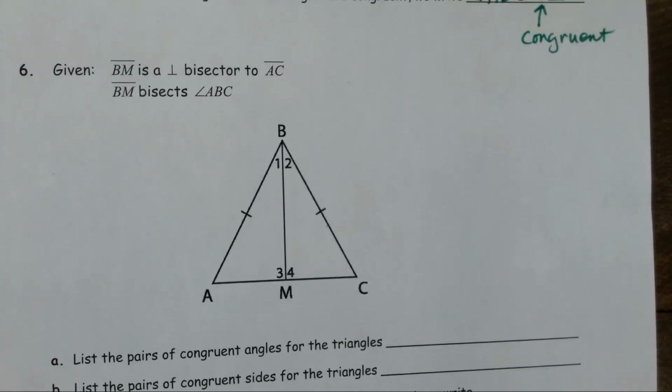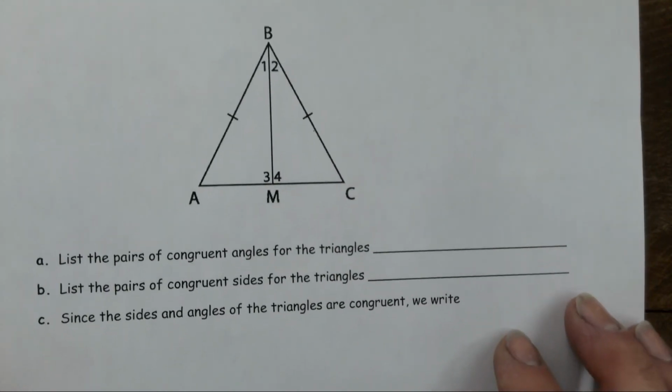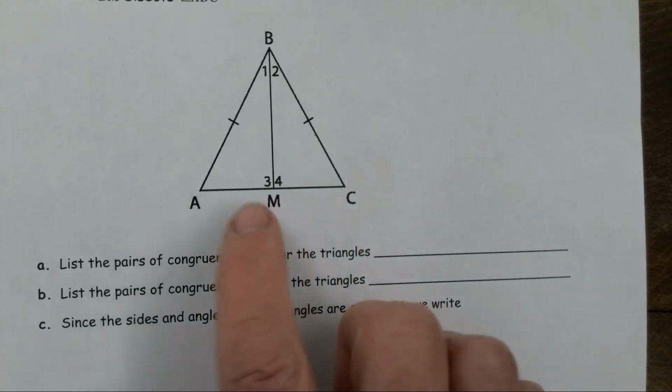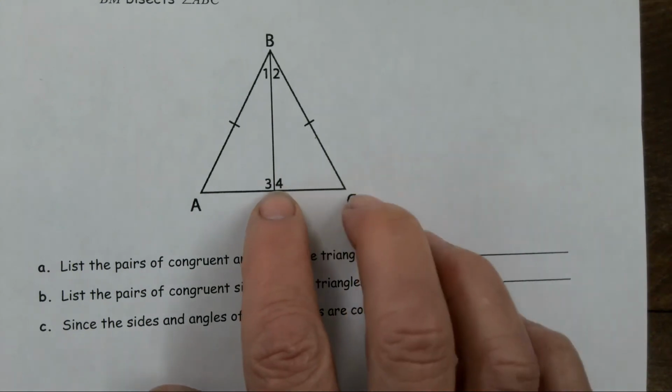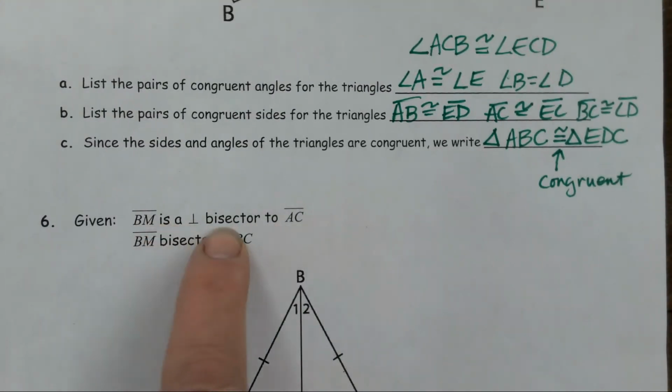So I've got a whole bunch of different information up here, and I've also got the picture down here. Do I have anything that I can mark automatically? Yeah. 3 and 4 are right angles, and we know that because they gave us it's perpendicular, right?